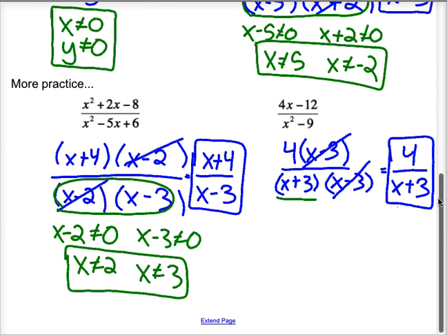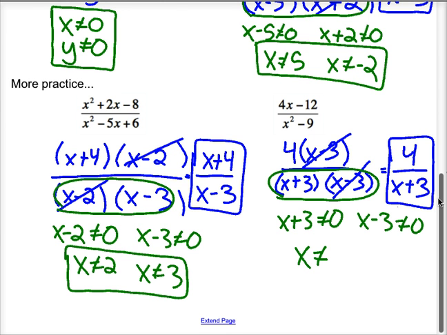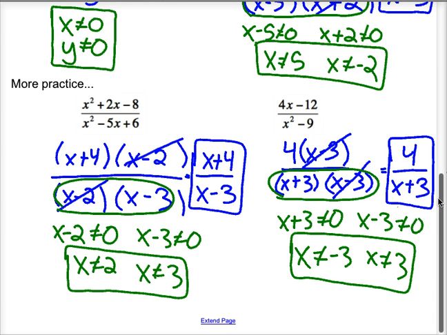And then again, I go back to my original denominator, set both pieces not being able to be 0, so x can't be negative 3, x can't be positive 3. All right, so that's going back into the very, very basics for this.